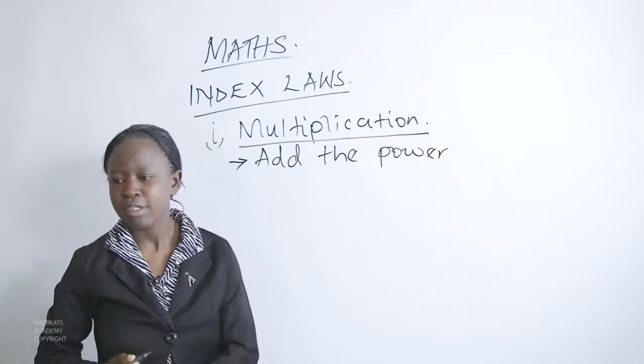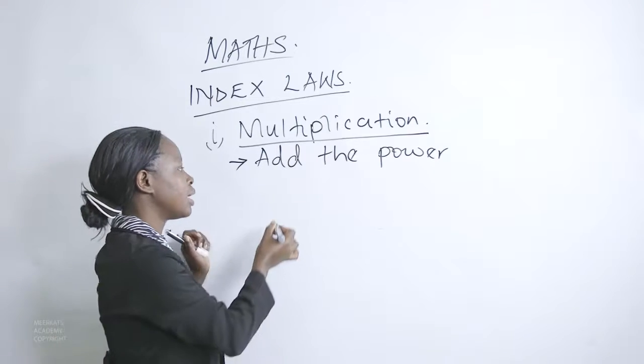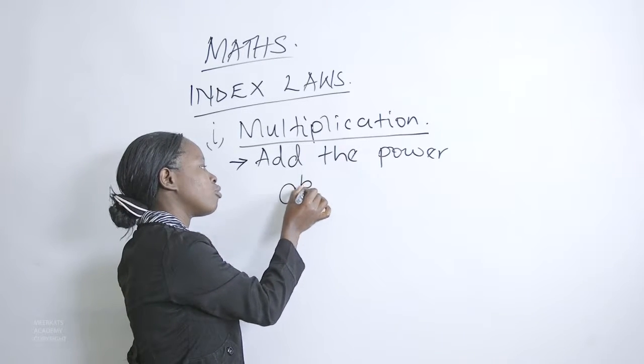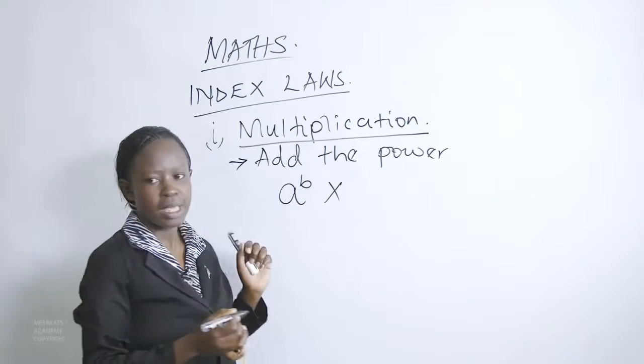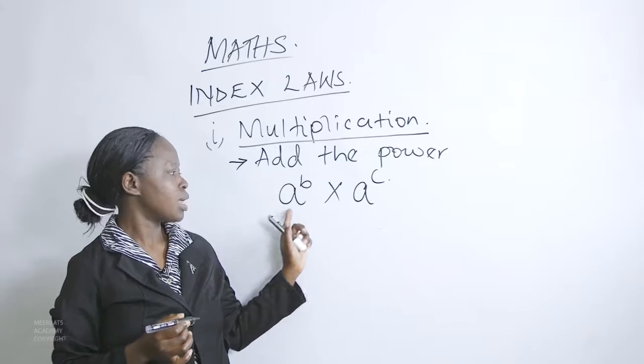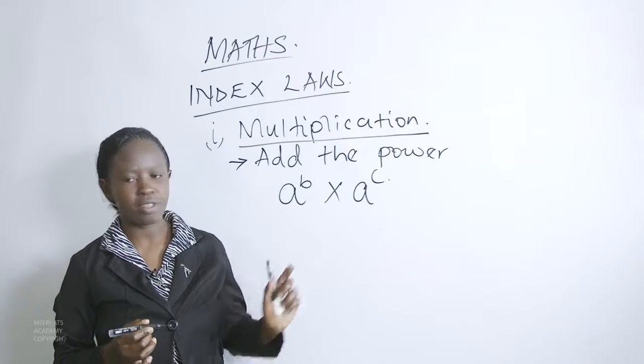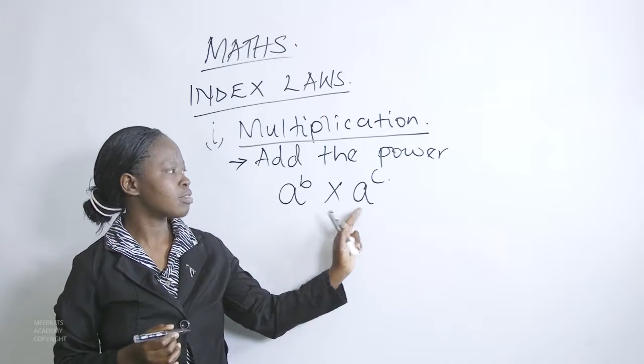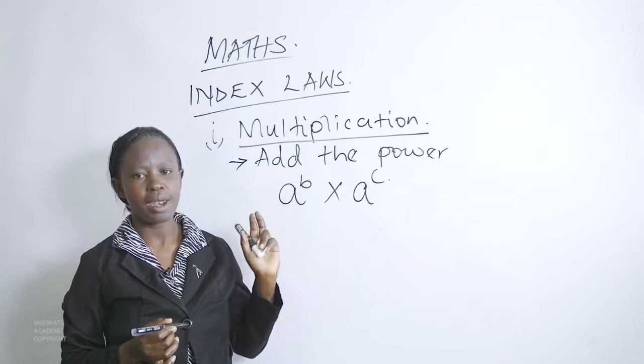So for instance, if I have a to the power of b being multiplied by a to the power of c, my base in this case is the same. Having the same base, we simply add our powers.